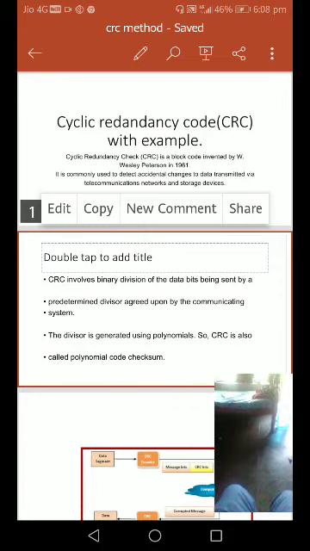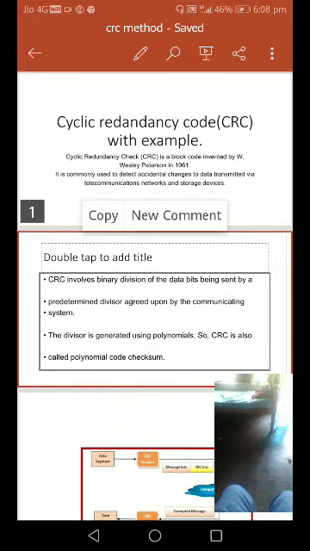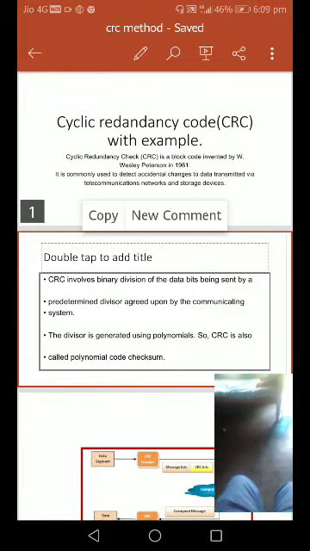CRC involves binary division of the data bits being sent by a predetermined divisor agreed upon by the communicating system.